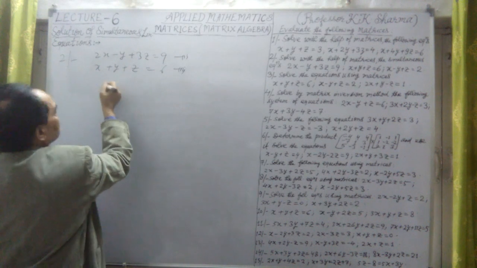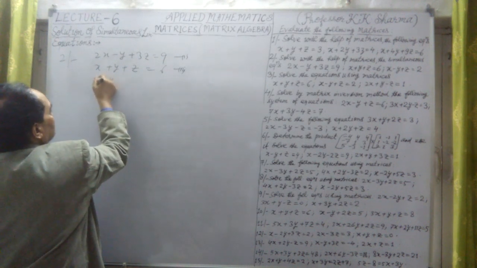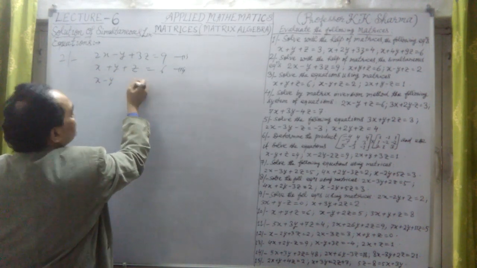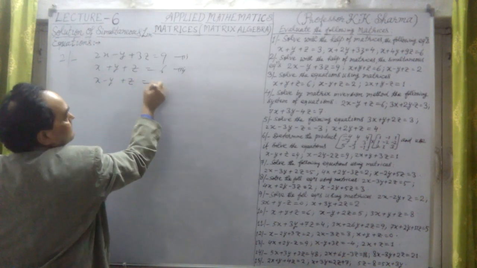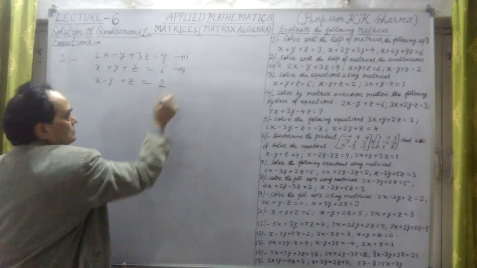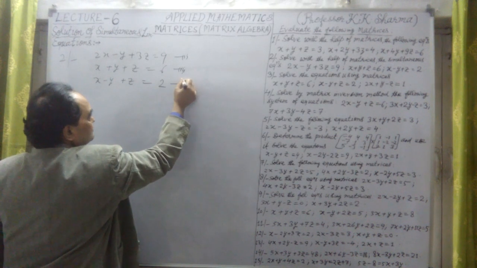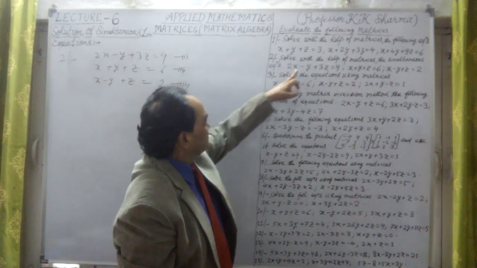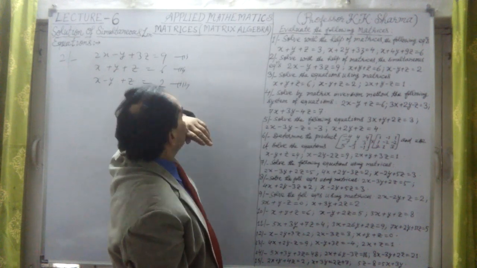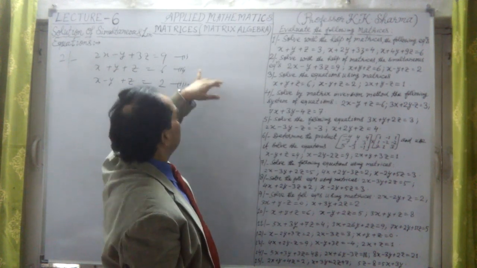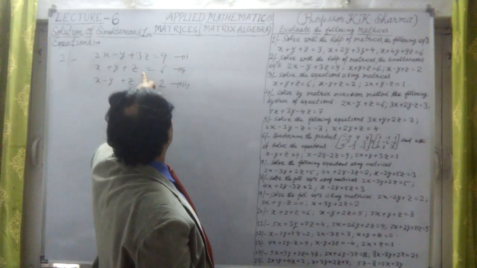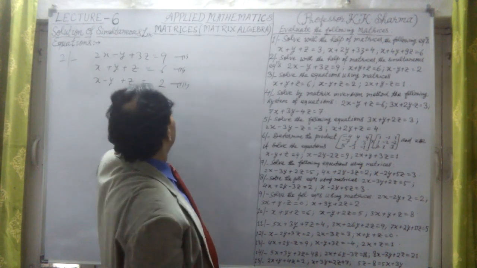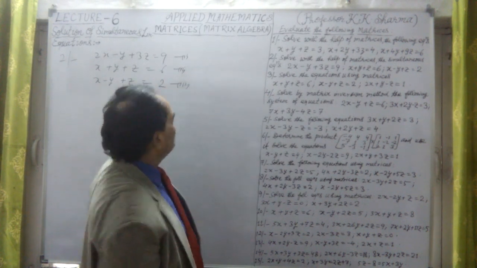Then x minus y plus z equal to 2. The third equation. So this is 2x minus y plus 3z equal to 9, x plus y plus z equal to 6, right? x minus y plus z equal to 2.